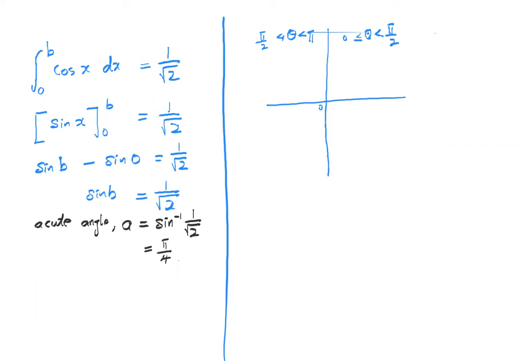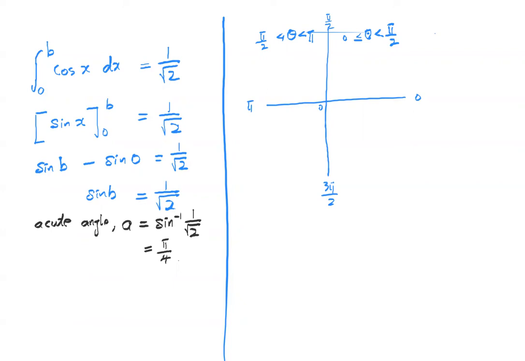Because we have 0, pi by 2, you see or not? Pi, 3 pi by 2. If the angle is between pi and 3 pi by 2, then that will be considered as the third quadrant.